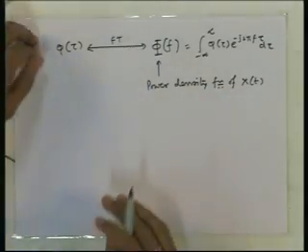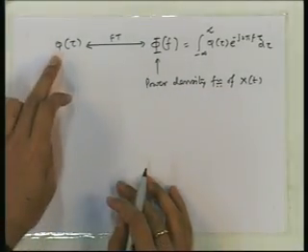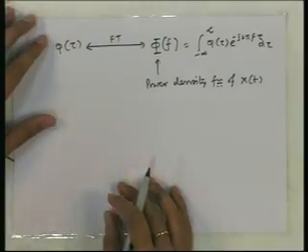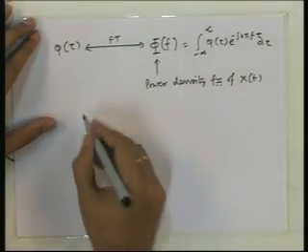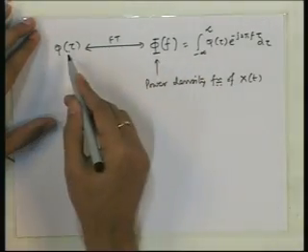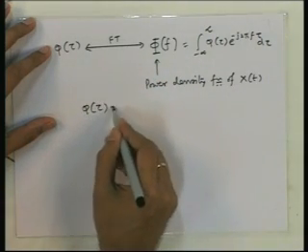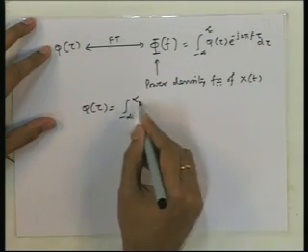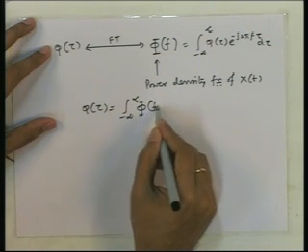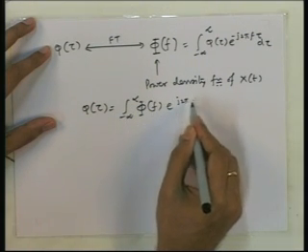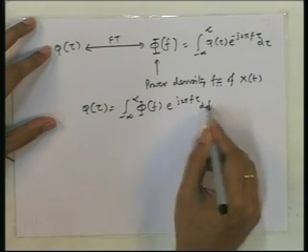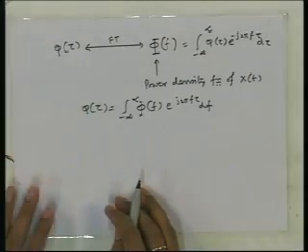This is a very important function. This is the Fourier transform of the autocorrelation function, and we can compute the inverse Fourier transform and get back the autocorrelation function from the power density spectrum as phi tau equal to the integral from minus infinity to infinity of phi f e to the power j 2 pi f tau df, the inverse Fourier transform.